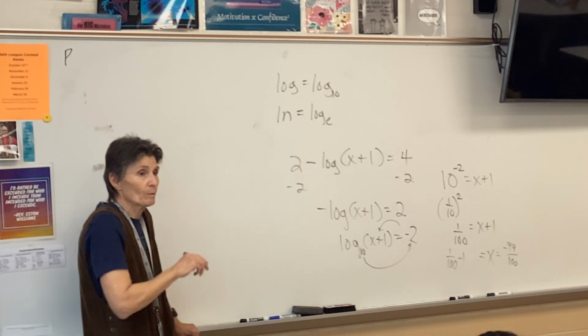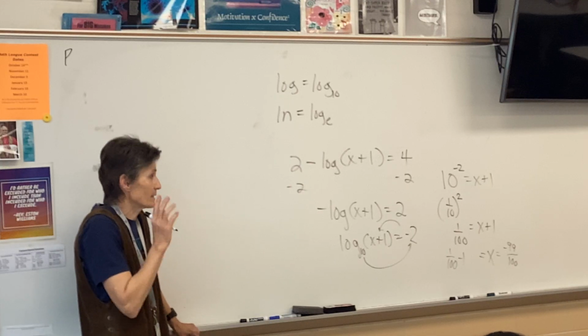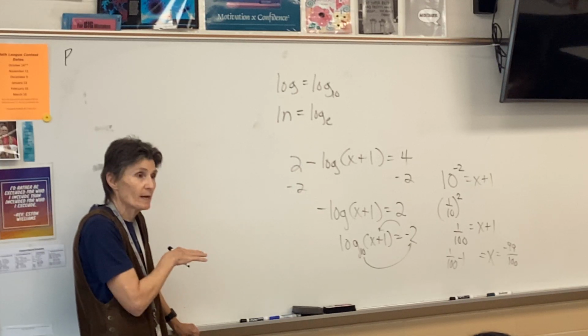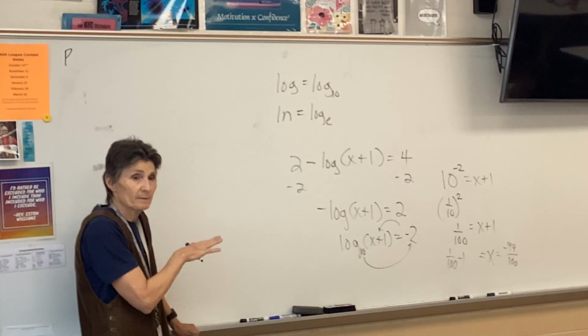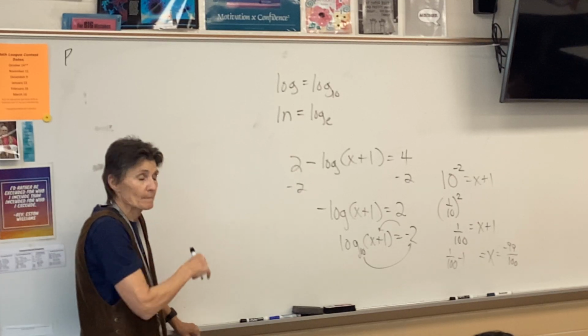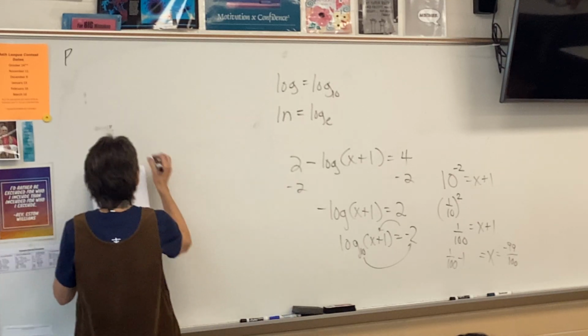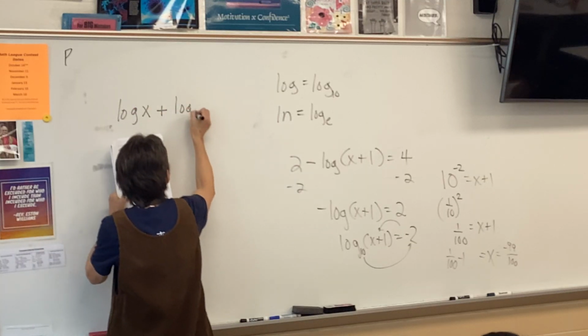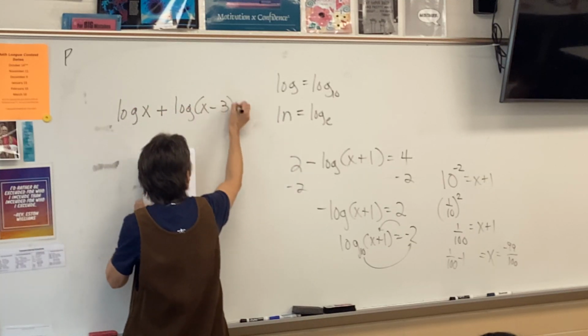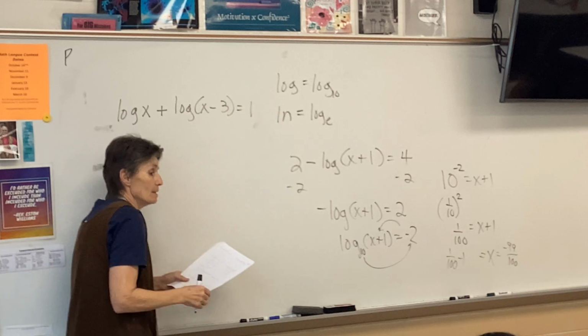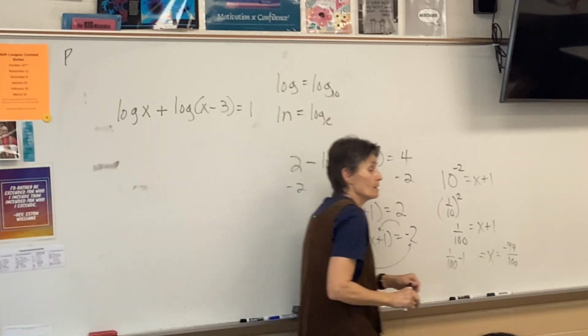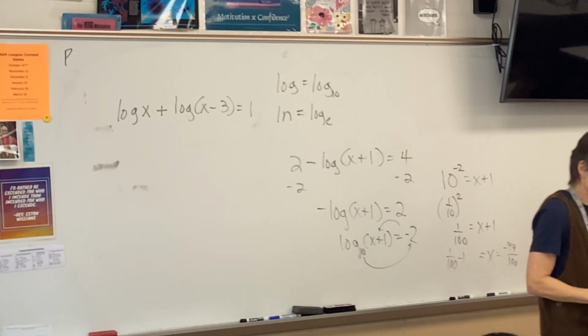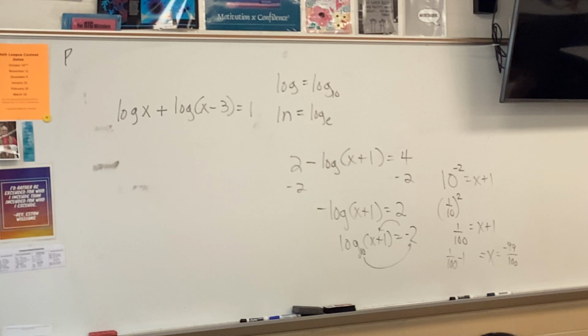All right, now we're ready to mix it up a little bit. Let's stop right here, take a breath, we okay? What's going on here? All right, what is different about problem B? There's 2 logs. Now, you are wonderful students. You cannot solve a logarithmic equation with 2 logarithms on the same side of the equation.